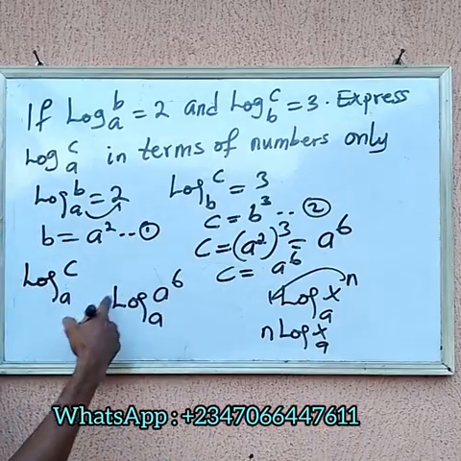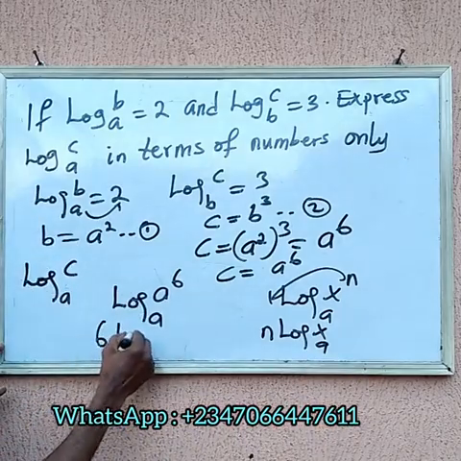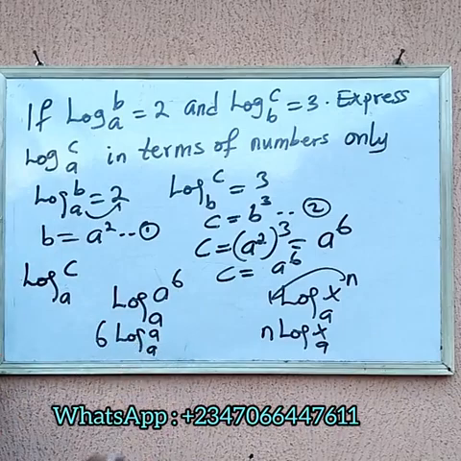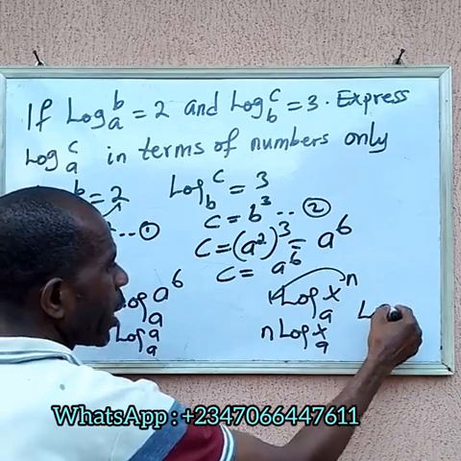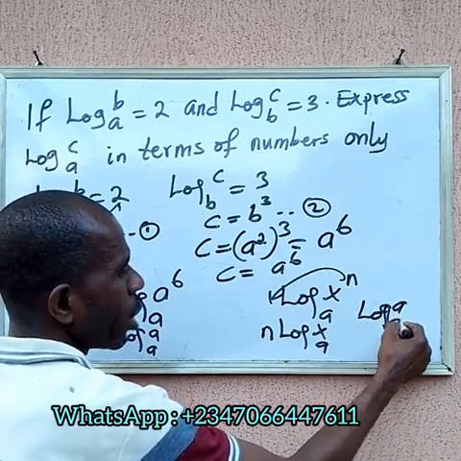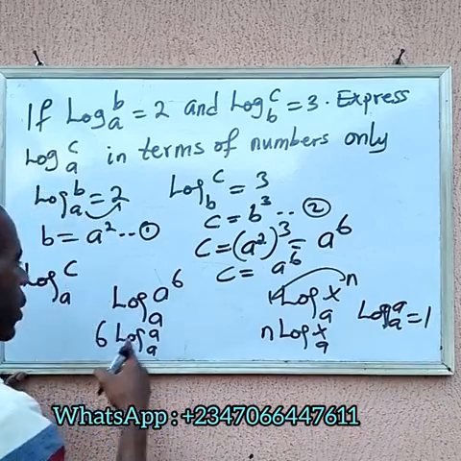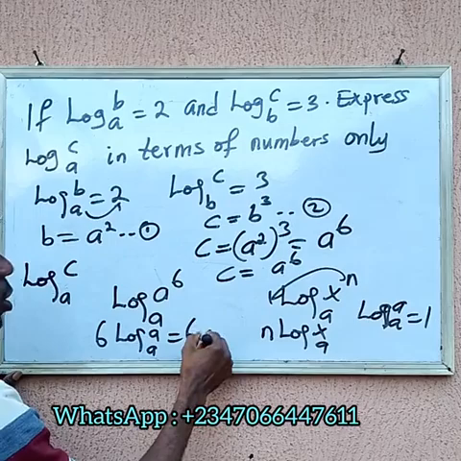So this 6 will come down and multiply, becoming 6 log a to base a. And recall, if I have the log of a number to that same number as base, it will give us 1. So automatically this becomes 6 times 1.